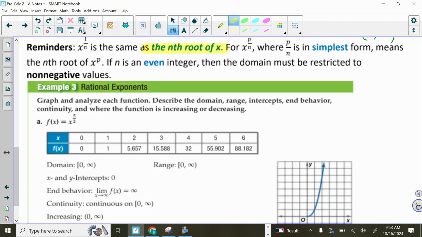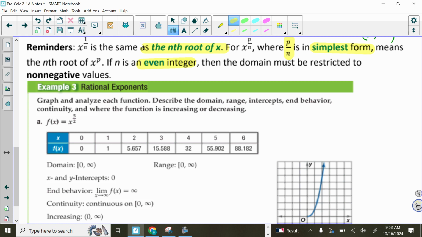So, for example, if you have p over n, and p over n is already in its simplest form, which means we reduce as much as we can, that means the nth root of x to the p. So x to the p power, and then we take the root of the denominator. Then just remember that if n is an even integer, then we've got to be restricted to non-negative values. It's going to have to be 0 or positive if you have an even integer here, because we'll be square rooting it.